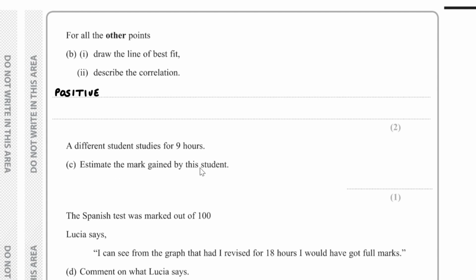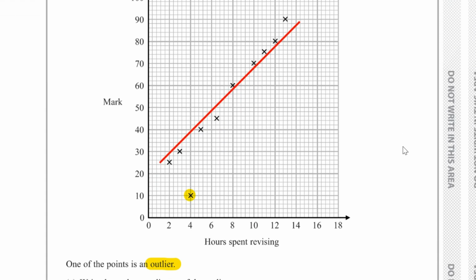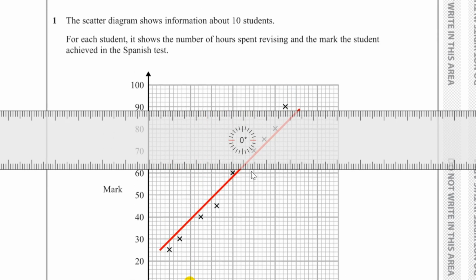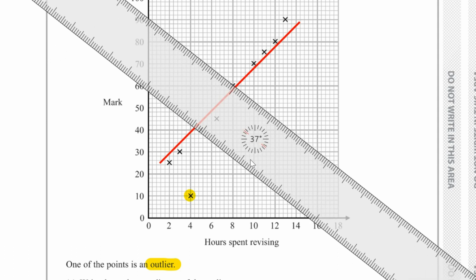Now for part C, a different student studies for 9 hours. We have to estimate the mark gained by this student. Well, if we go back to our graph, he spends 9 hours revising. So therefore, what we do is we draw a vertical line up from 9 hours.